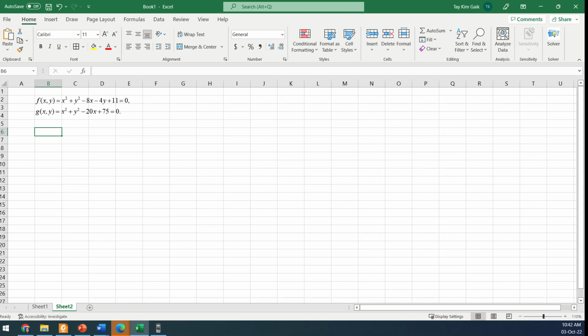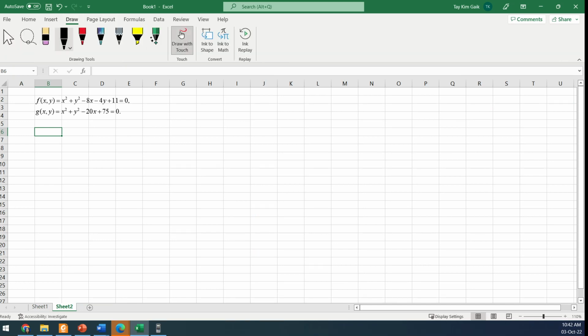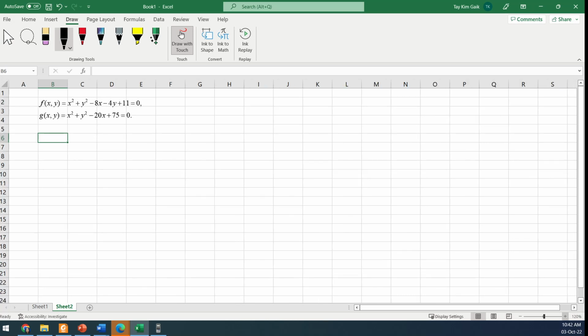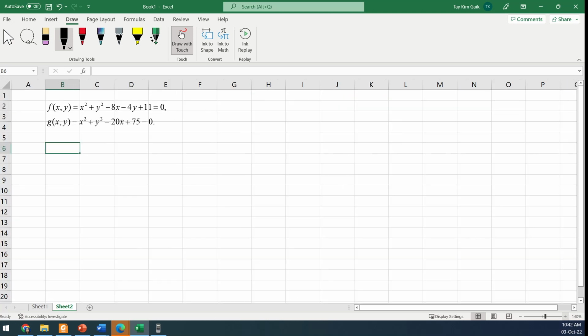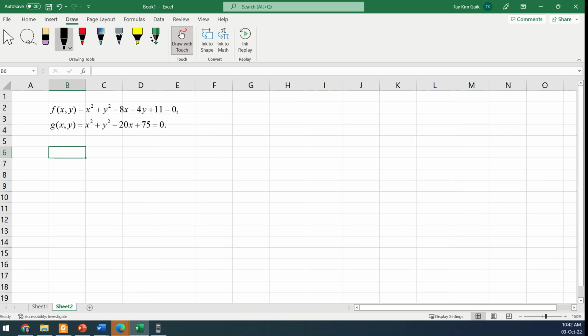Okay, we get the equation from the second equation. Rewrite again. You get it from this term and this term. So your x is (x squared plus y squared minus 4y plus 11) divided by 8.